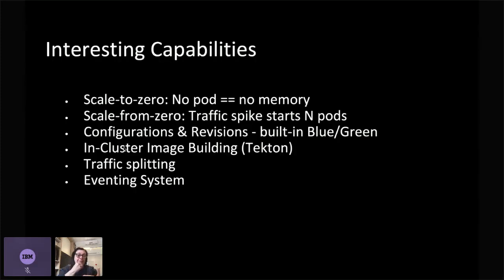So the capabilities that we saw until now are that you can scale to zero: no pod, no memory, no payment. We can scale from zero, and we will see that we can declare how many pods we want to start with, let's say not zero, and also what is the maximum number of containers that we would like to have, and how this will start growing.